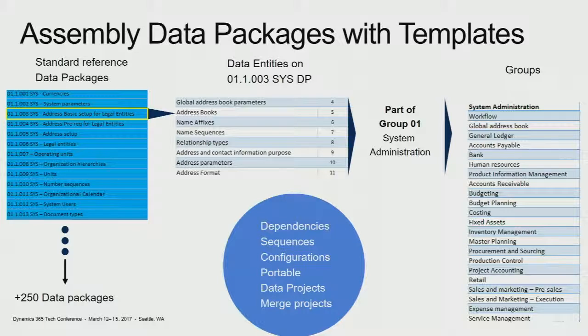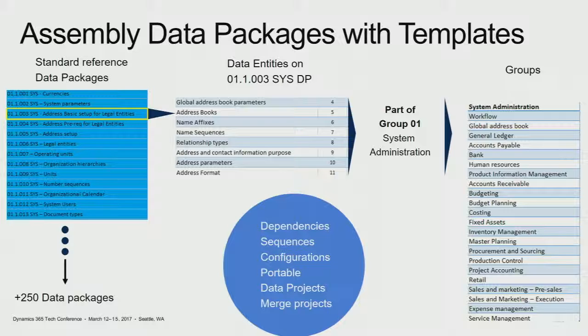The important thing about templates is that there are tools that help you determine dependencies between data packages. Let's say you introduce one data entity, account structure, and you are not sure what other data is connected to it. In the templates you can identify that you potentially have 20 other data entities that will use that information, for example when you load a main account.